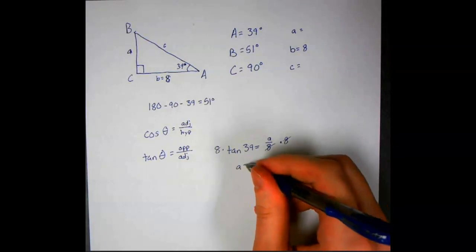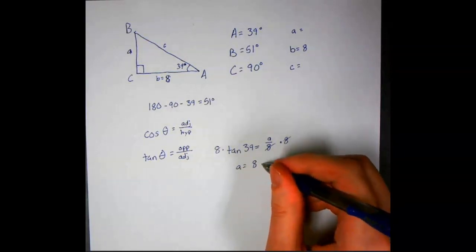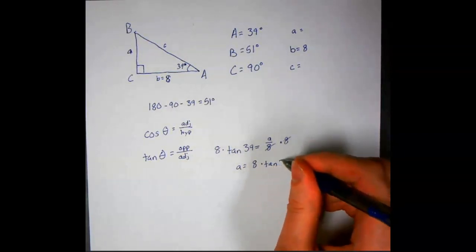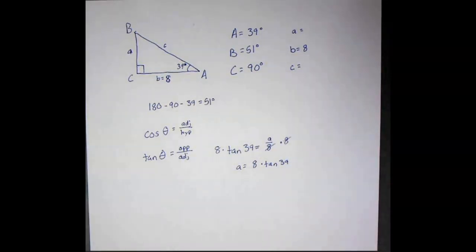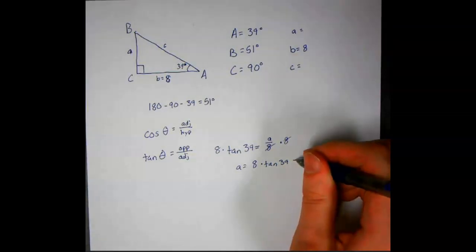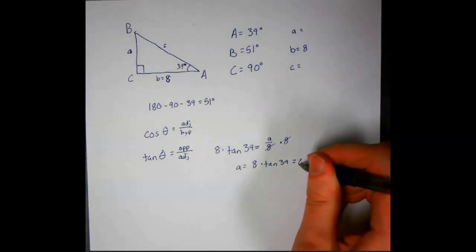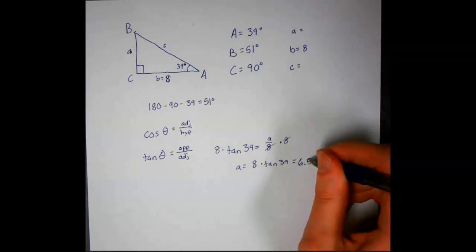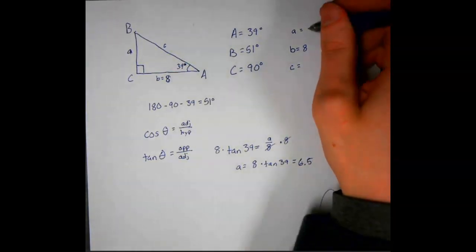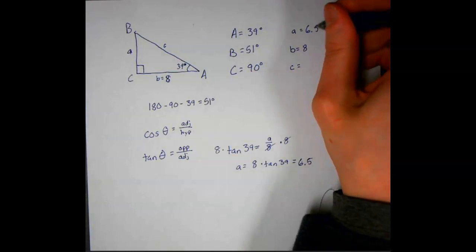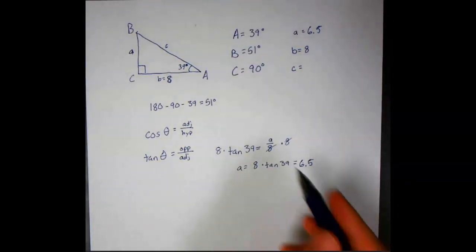And we'll have A equals 8 times tangent of 39. Plug that into your calculator, and you should get something along the line of 6.5 after rounding. So A is 6.5.